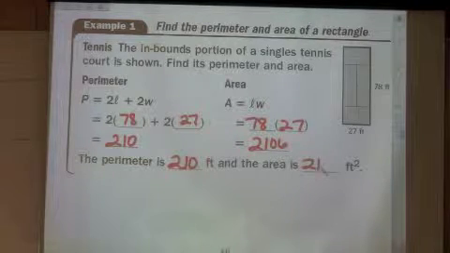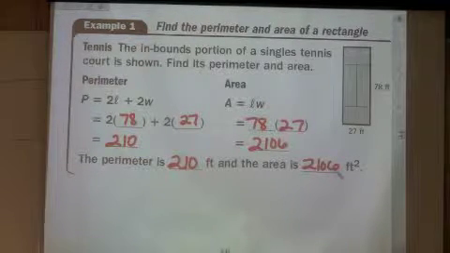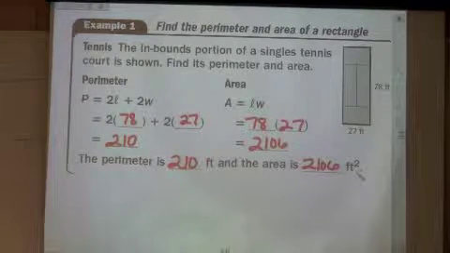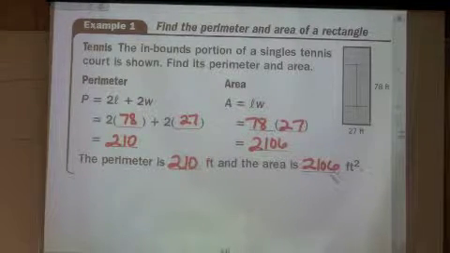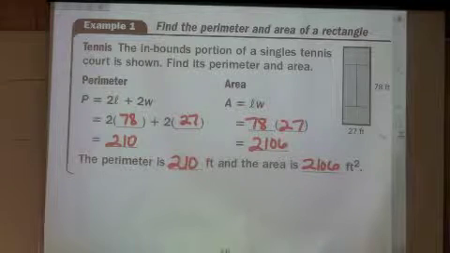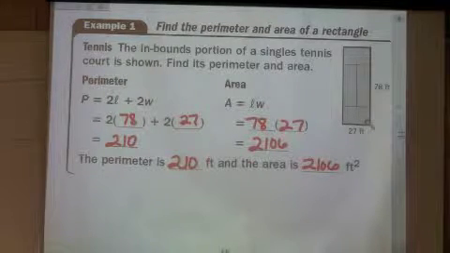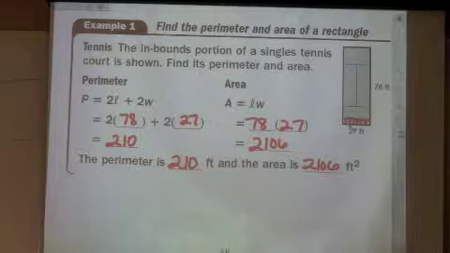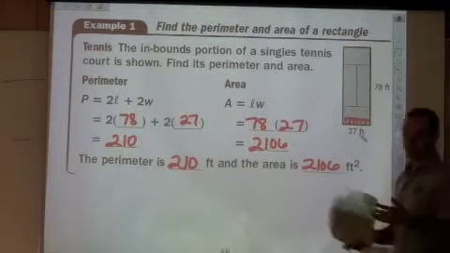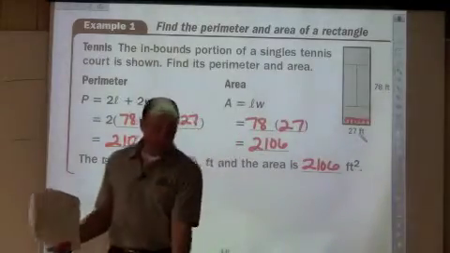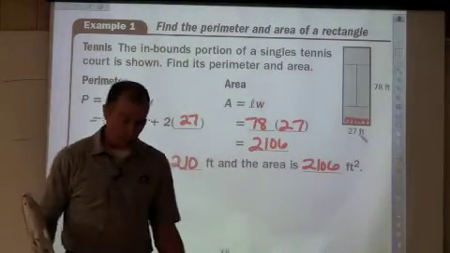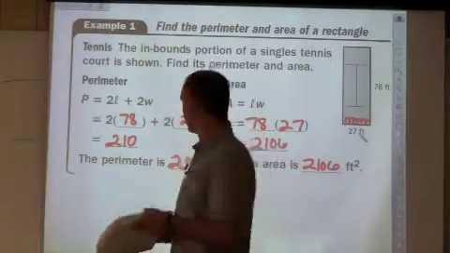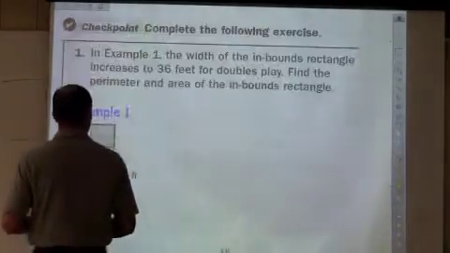Now notice the difference is when we label things in area, we say square feet. It doesn't mean we're squaring the 2,106. Square feet just means literally if you were to make little squares, a foot by a foot, you would have 2,106 of them in this thing. Each of these squares on the floor is 1 square foot.